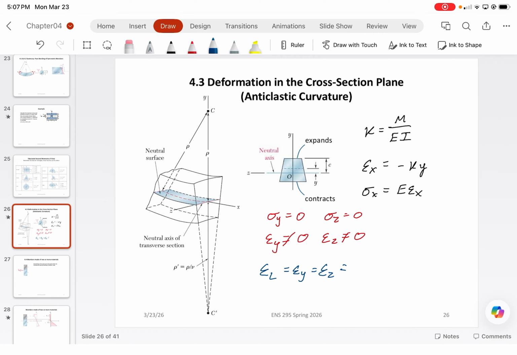It's negative Poisson's ratio times the normal strain. In this case, epsilon y and epsilon z are equal to negative Poisson's ratio times epsilon x. So we plug in for epsilon x, and we get negative Poisson's ratio times negative k times y, which gives us Poisson's ratio times the curvature times y.